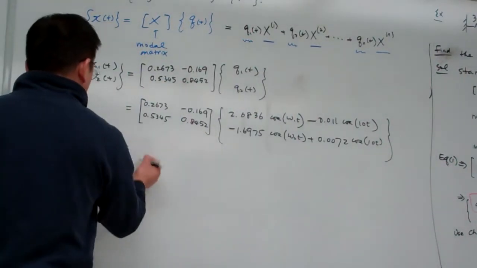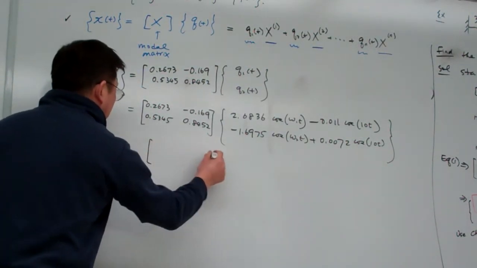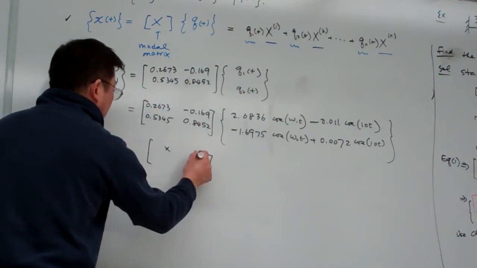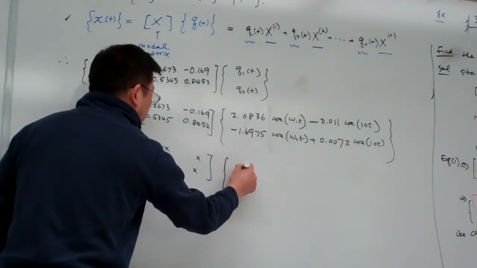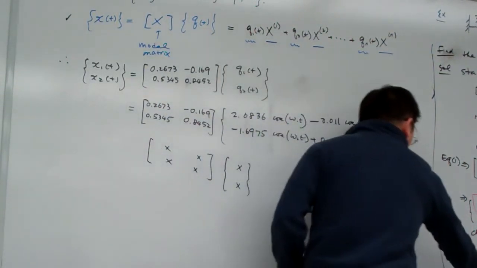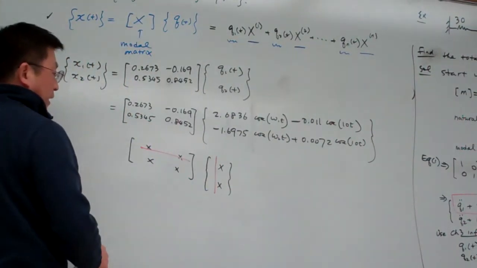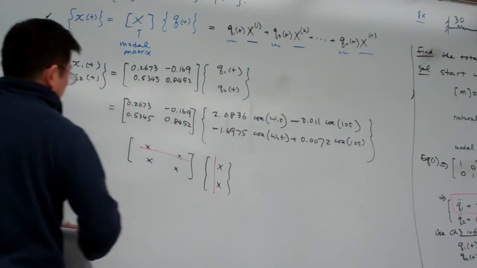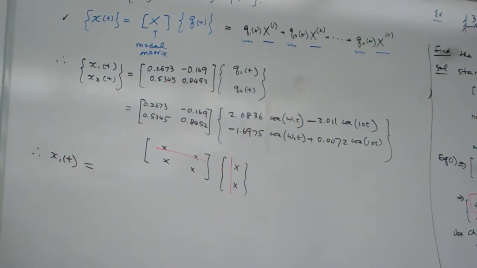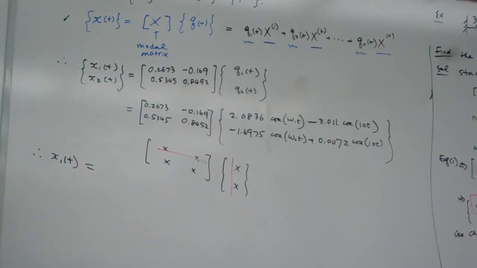So how to implement the result? You see, this is a 2x2 matrix with elements like this, and this one is a column vector. Multiplication of such things, although it is long writing, do it patiently. The first row multiplied with this column gives us x1, right? So x1(t) will be equal to the first row, the two numbers, multiplied with this one. Good?